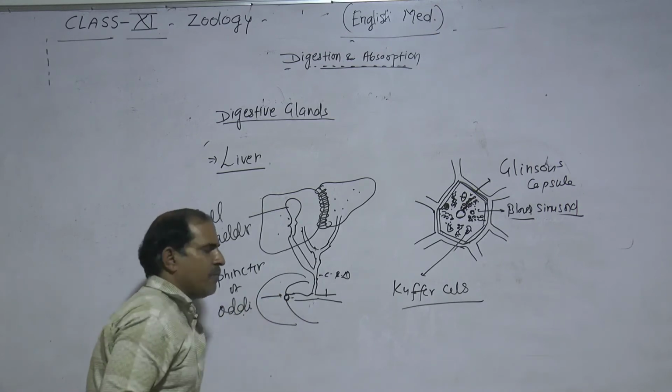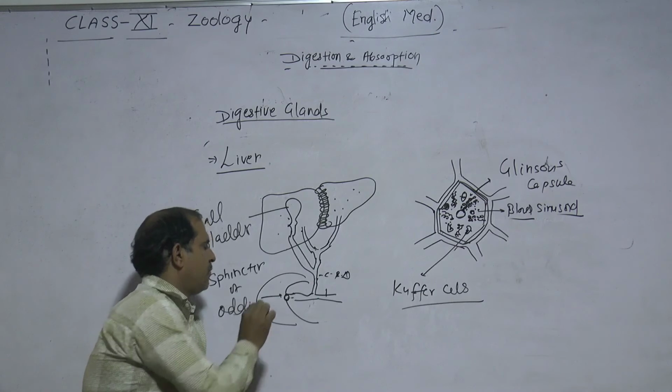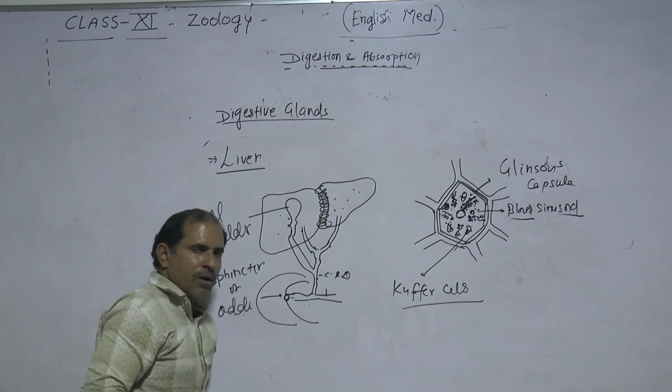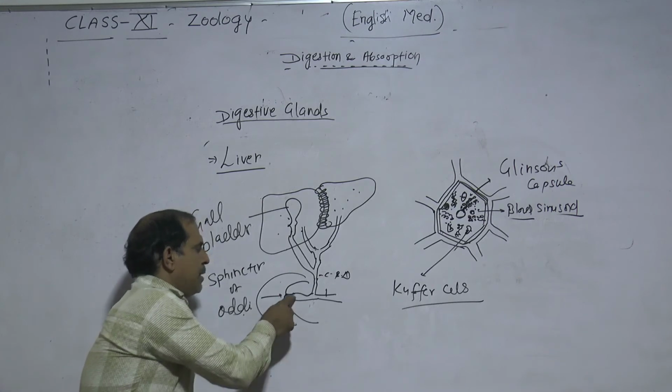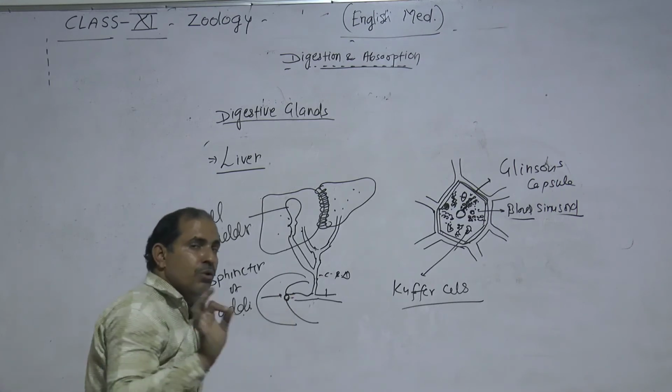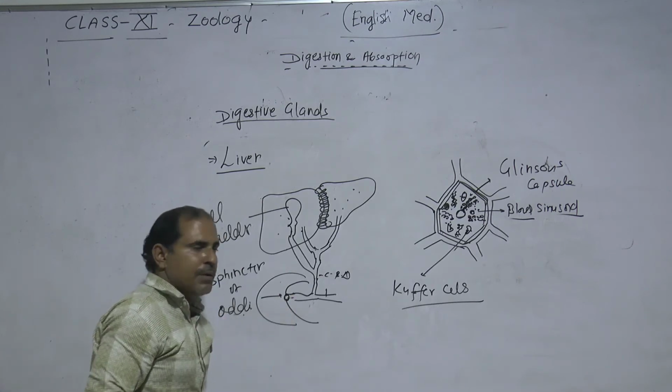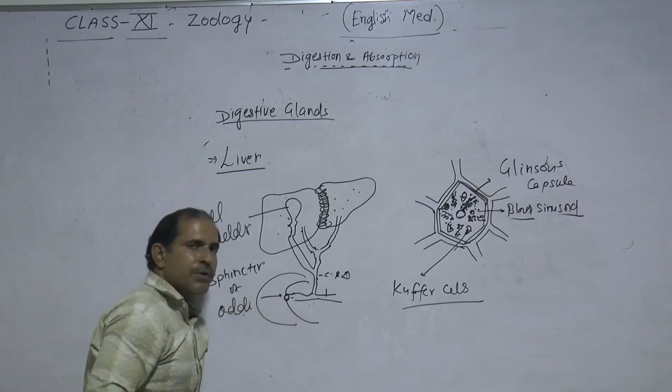This is the sphincter of Oddi. Sphincter of Oddi is a wall-like structure through which hepatopancreatic duct opens into duodenum.